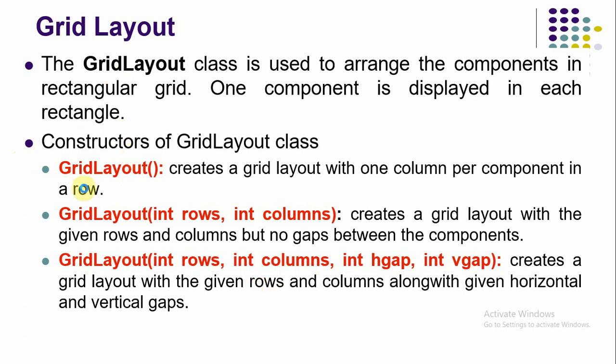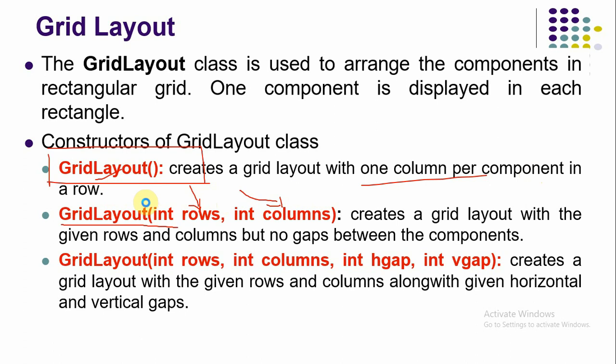Here we have the grid layout constructor. We can use the grid layout constructor with rows; the number of rows we can specify, the number of columns we can specify, right? If you are using the first one, you'll get a grid layout with one column per component in a row.